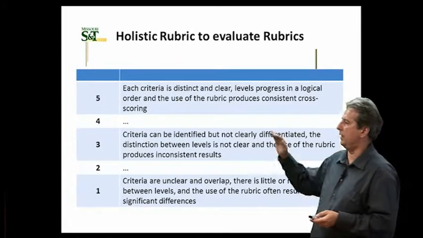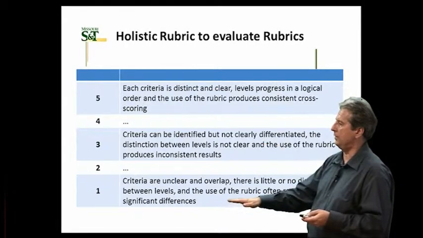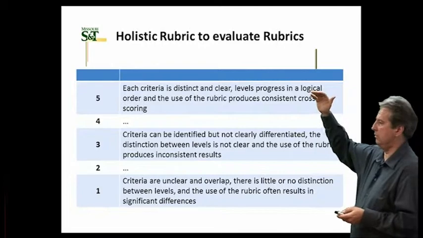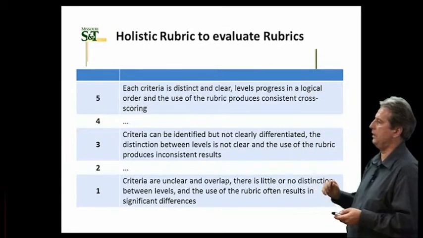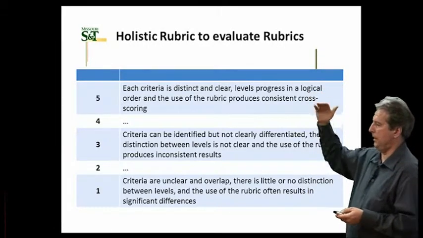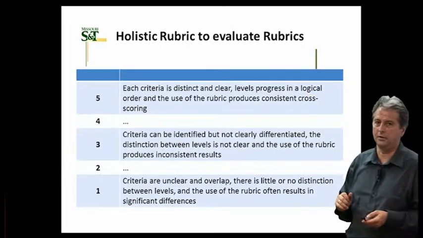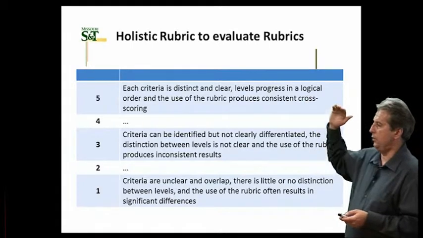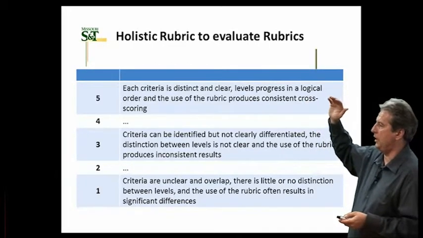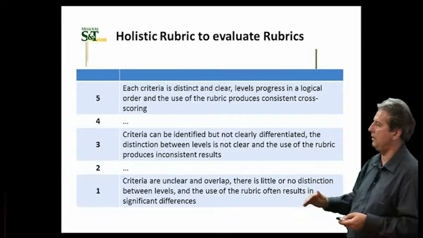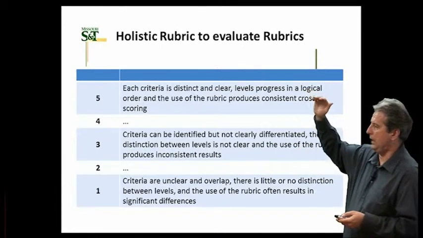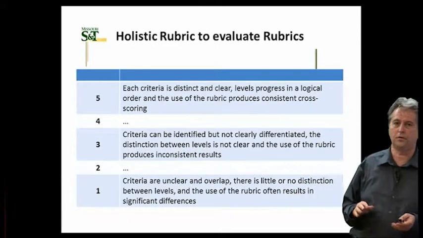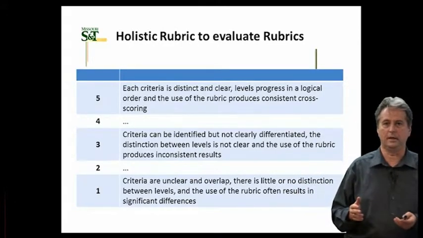Here is an example: 5 is the highest, 1 is the lowest, and you can see the difference between the highest level and the lowest level, and all the elements in between are clearly described. If you have a 5-point scale, you can use a descriptor for every level, and this is used very often, or you can use a descriptor for the highest, mid, and lowest level, and of course the students will infer what's in between.